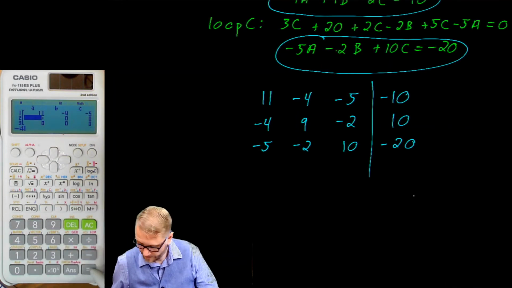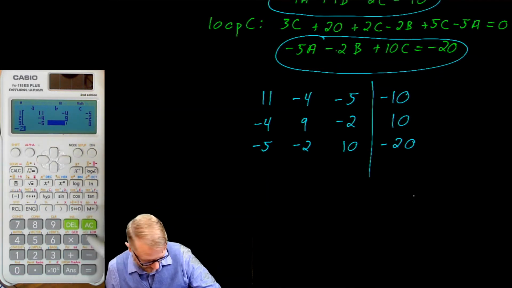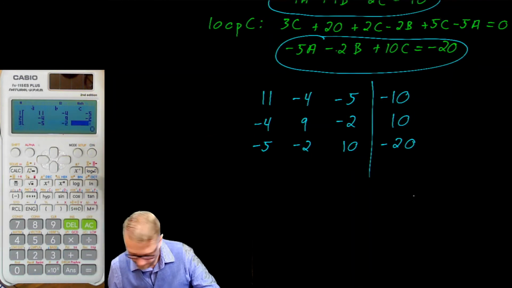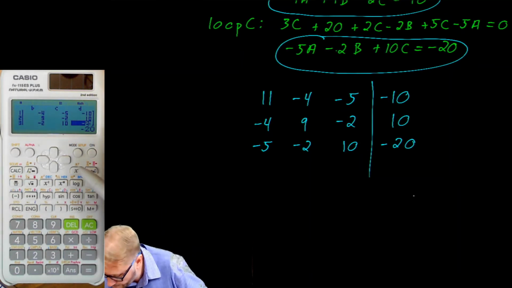negative 4, 9, oops, that's not what I wanted. Go back up. Where were we? Negative 2, 10, and negative 20. Let's see, do we have that right? Let me take a close look here.